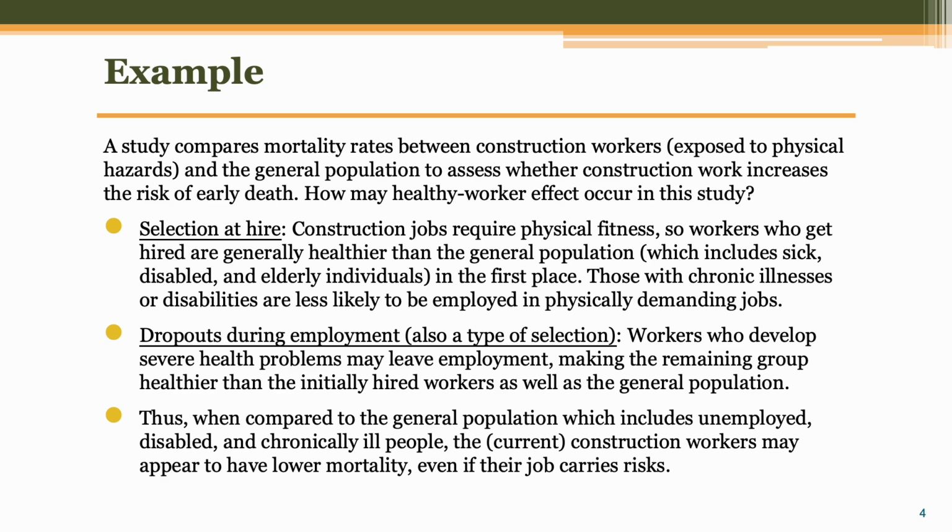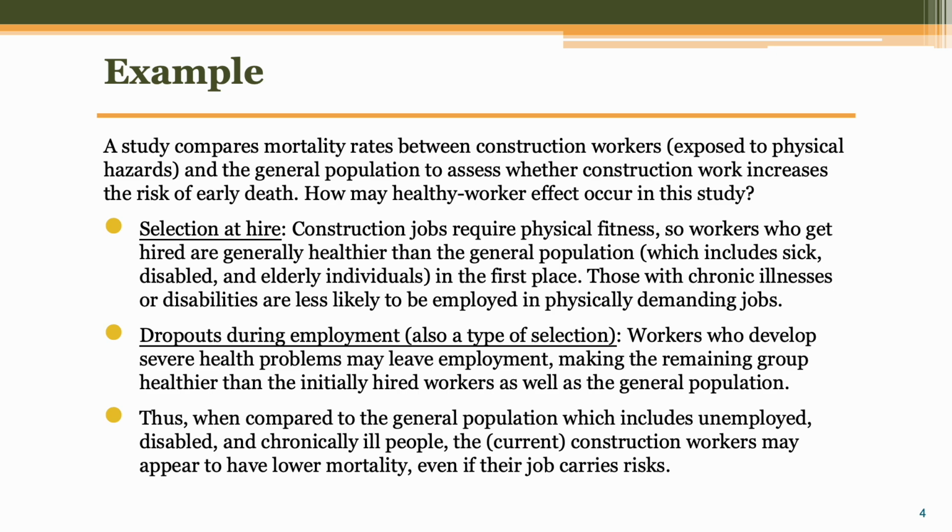Construction jobs require physical fitness, so workers who get hired for the jobs are generally healthier than the general population in the first place. Those with chronic illnesses or disabilities are less likely to be employed in physically demanding jobs. During the employment, workers who develop severe health problems may leave employment, making the remaining group healthier than the initially hired workers as well as the general population.